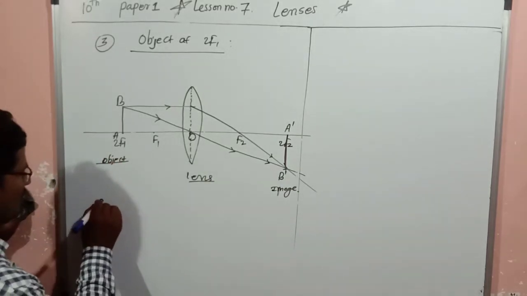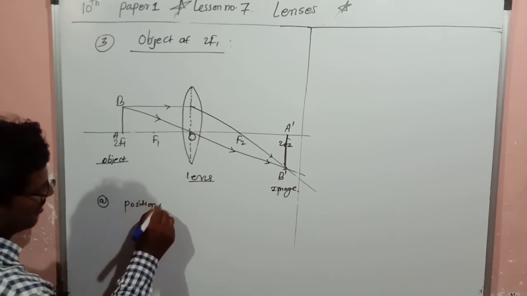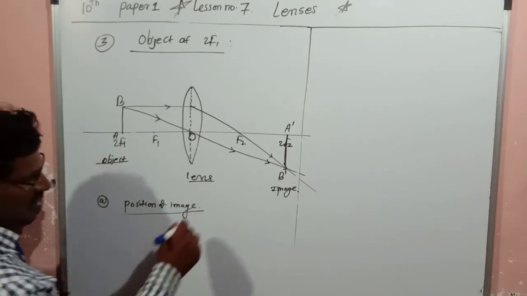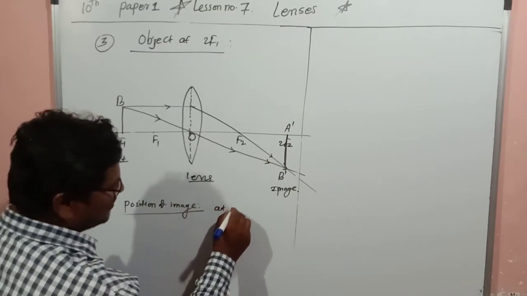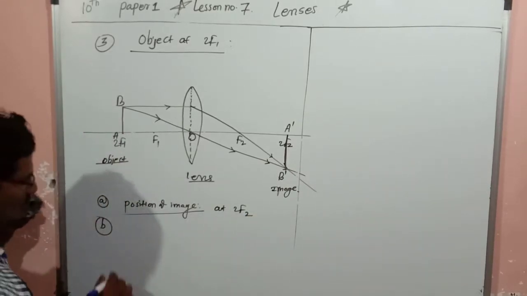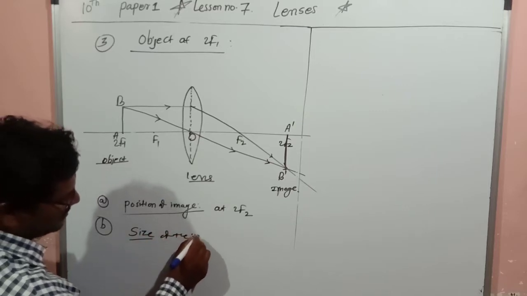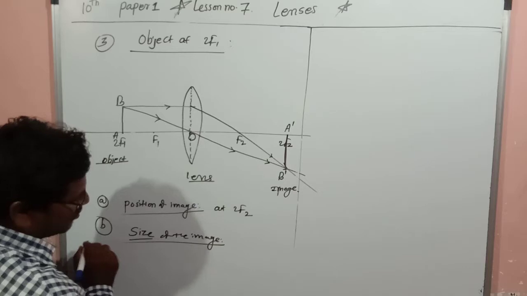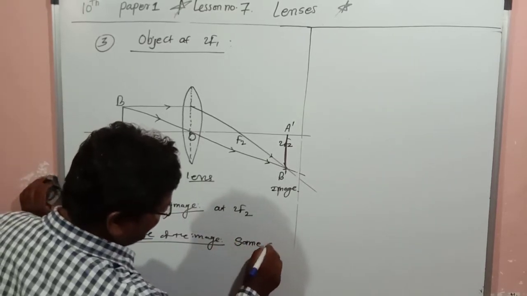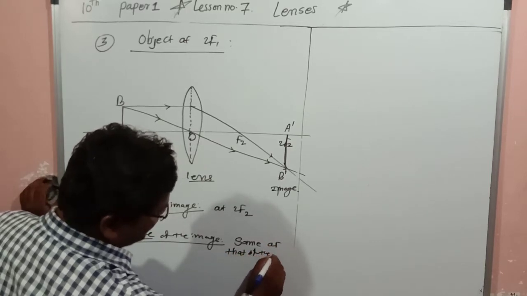So three points we are going to write. First one, position of image. Now where will the image be? Position of image is at 2f2. B point: what is the size of the image? Size will be the same as that of the object.